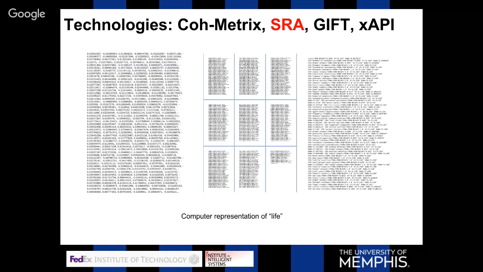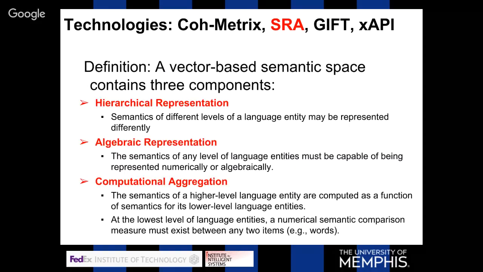This is something I generated for the meaning of life. For the computer, meaning of life is just 300 dimensions in a vector, an association with a lot of terms.